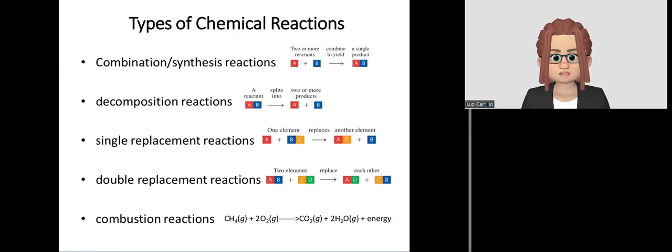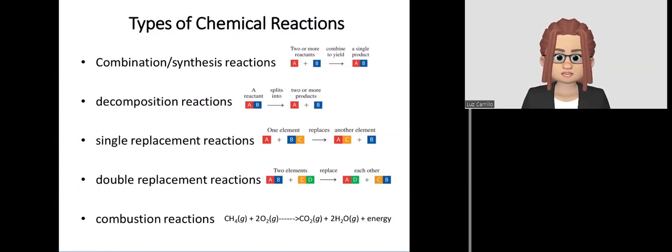So when we look at the product, substance A now forms a compound with C, and B got replaced. In a double replacement reaction, this is just an exchange of partners between the 2 different substances in the reactants.